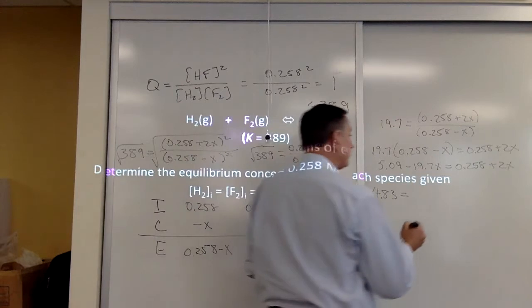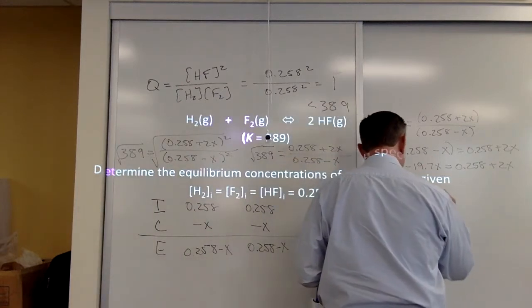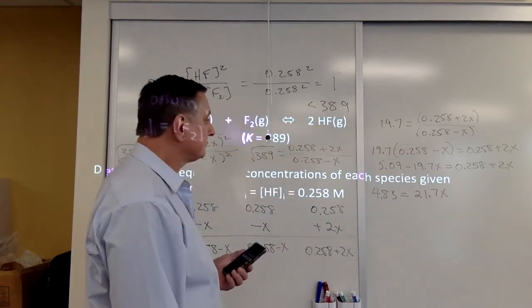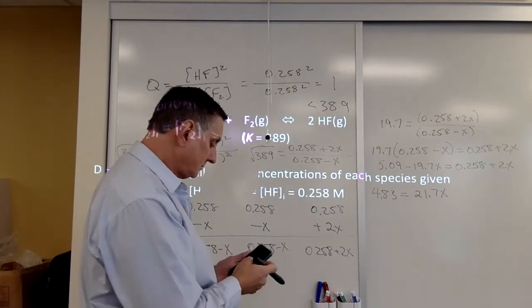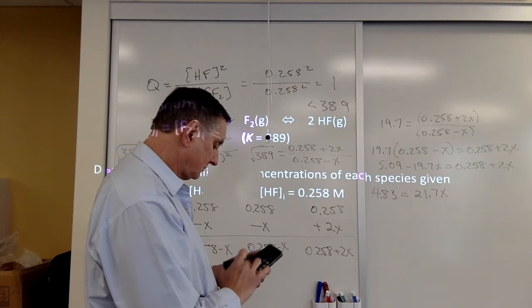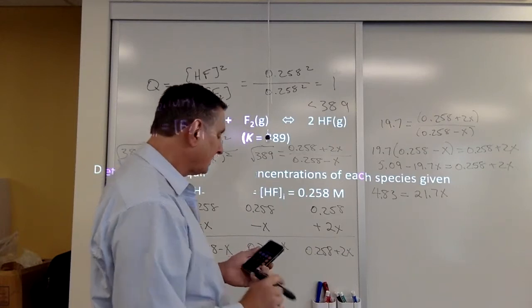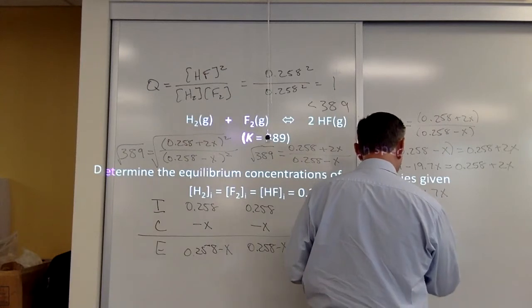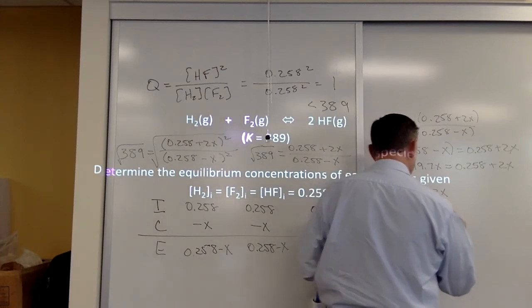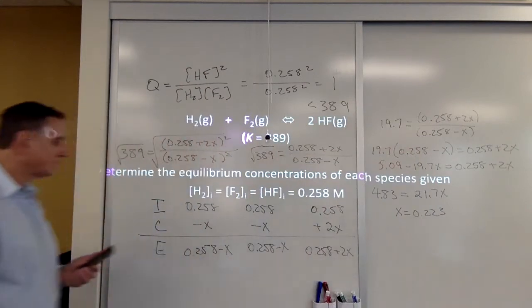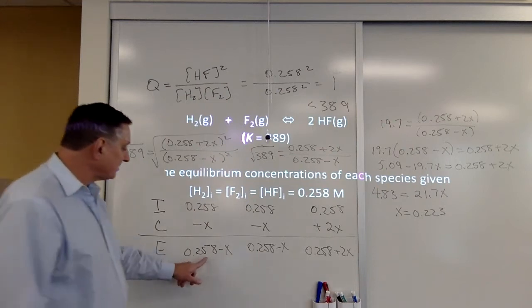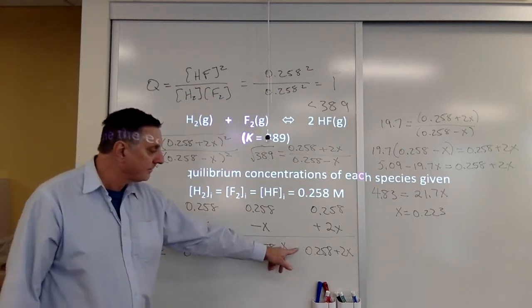So this becomes 21.7X. X is equal to 0.223. That makes sense. X is smaller than 0.258.